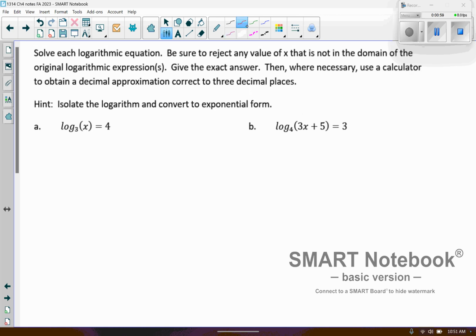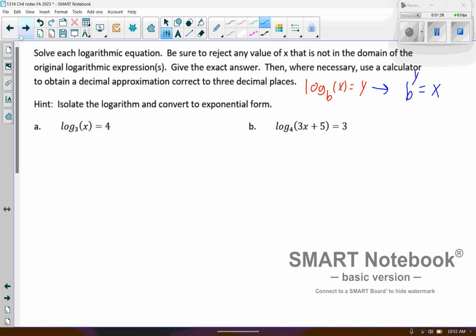So what we're going to do is convert from log form. Log base b of x equals y is equivalent to writing it as b to the power of y equals x. You can just rearrange the terms. Another little trick is that it's kind of like the one-to-one property.